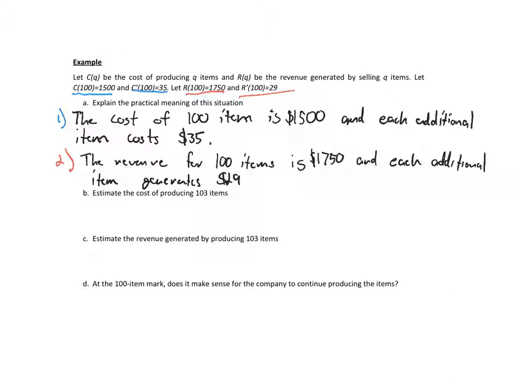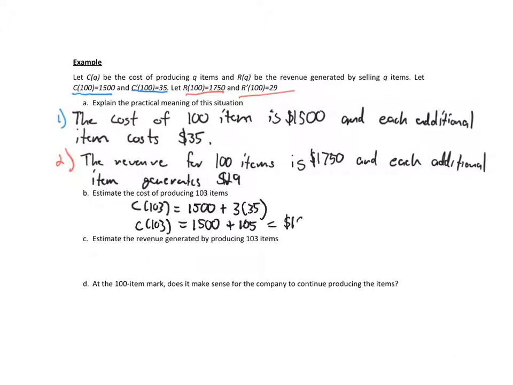So what that allows us to do now is make some predictions. If we wanted to estimate the cost now of producing 103 items, C of 103. Well, we know the cost to produce 100 items is $1,500 plus $35 for each additional item. So 3 times 35. I would say the cost of 103 items equals 1,500 plus 105.